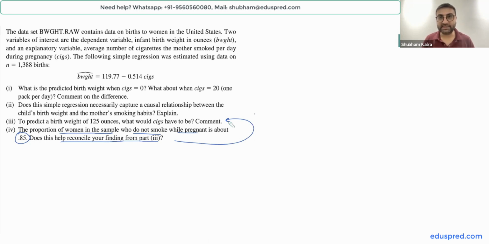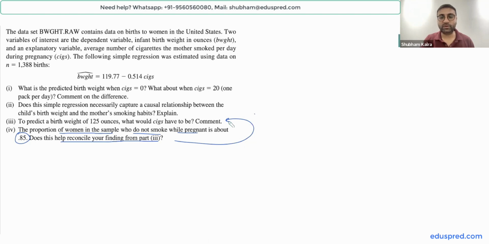So a lot of values of your CIGS variable are going to be equal to 0. And this means that this model cannot have a very good fit, because how will you link the number of cigarettes smoked to the birth weight of the infant if only 15% of your sample is smoking and the other 85% of the values of the variable CIGS is equal to 0?